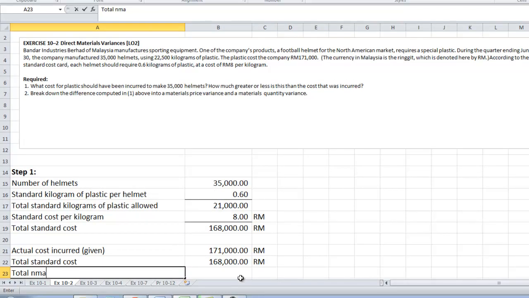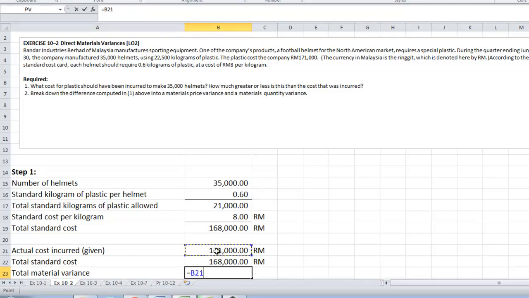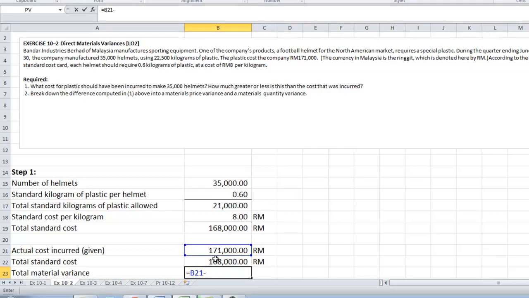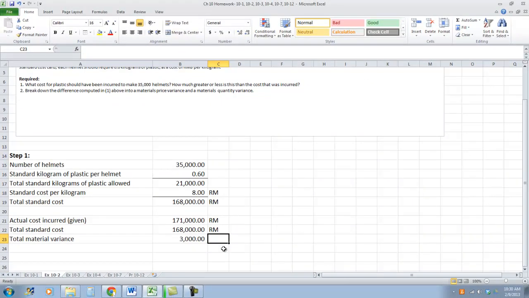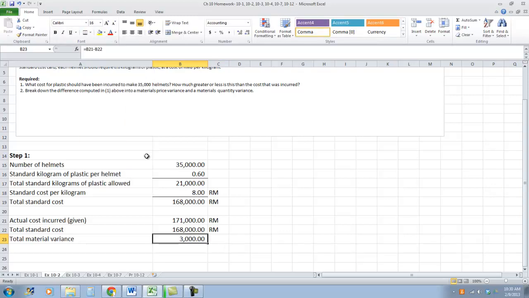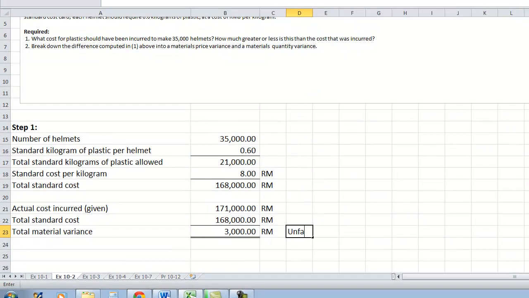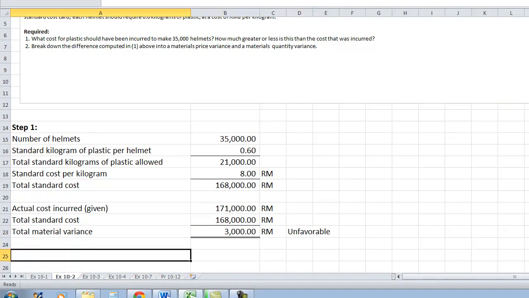Total material variance. So we paid a total of 3,000 RM more. So this is an unfavorable variance. We paid more, unfavorable, right?